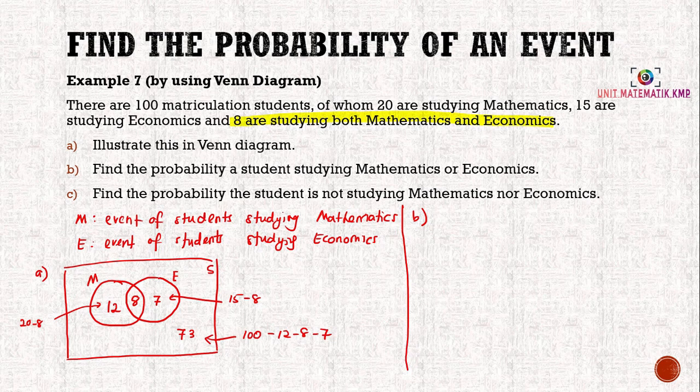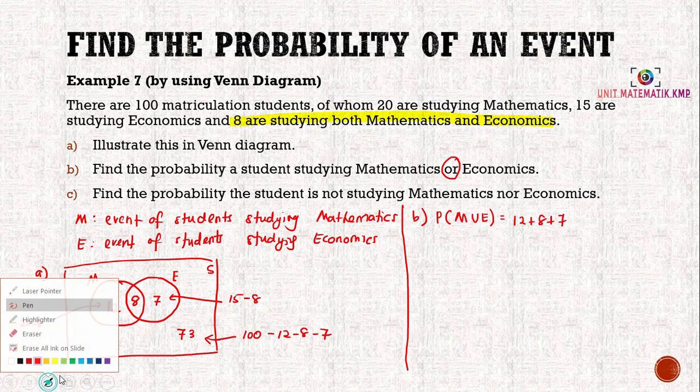The question asks you to find the probability of a student studying mathematics or economics. So you need to find the probability of M union E. We can find this just by looking at the Venn diagram. The students who study mathematics or economics are 12 plus 8 plus 7, because or means all of M and E inside this.